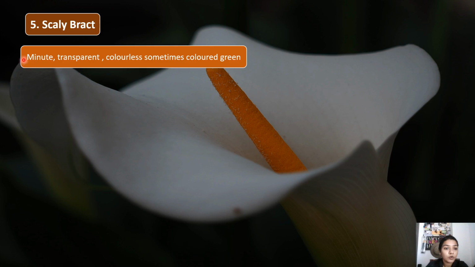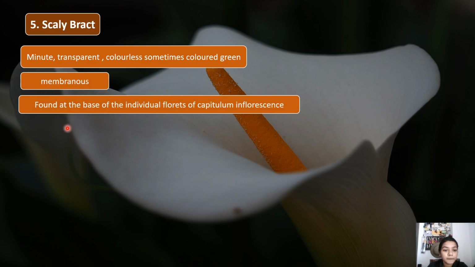These are often minute, transparent, colorless, sometimes green colored also. These are membranous and usually found at the base of the individual florets of capitulum inflorescence. So scaly bracts are usually present in the capitulum inflorescence.